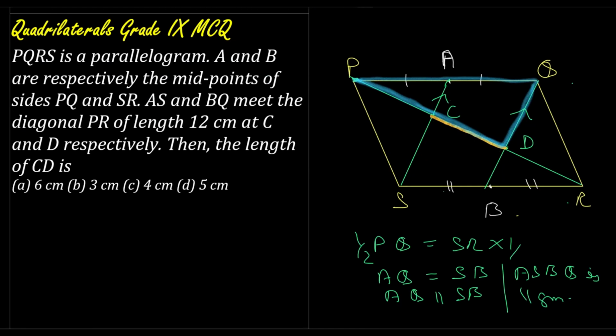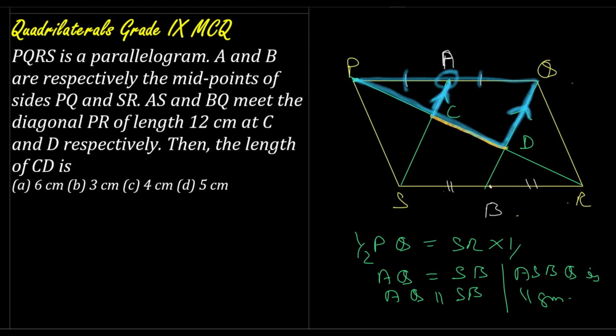So we'll begin with the triangle AQD. What we know here is that A is the midpoint of PQ, and this line CA should be parallel to this. These two should be parallel, right?